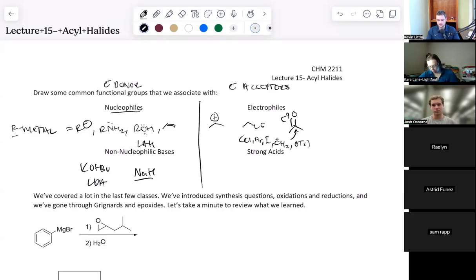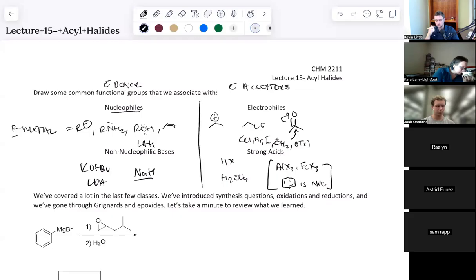And we're actually going to see the definition of a leaving group can change depending on situations. And that's kind of what we're going to go into today a little bit. Strong acids, you have HX, HCl, HI, HBr. H2SO4 is another common one. And again, a review: if you see AlX3 or FeX3, we're dealing with benzene being the nucleophile.